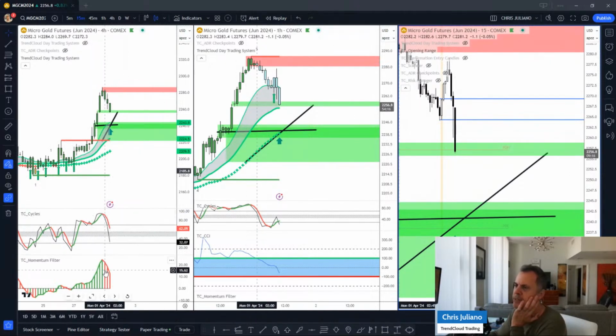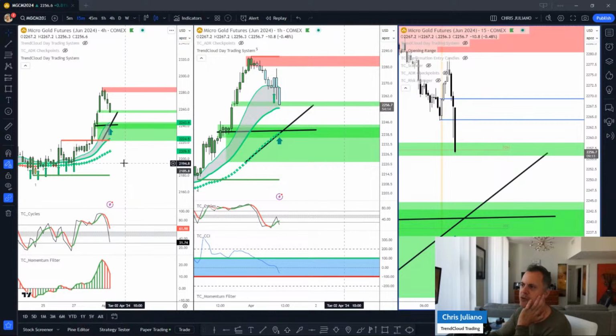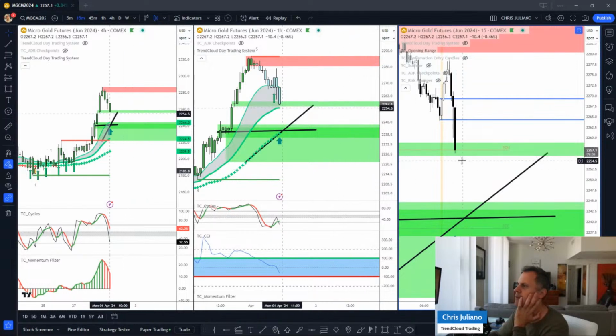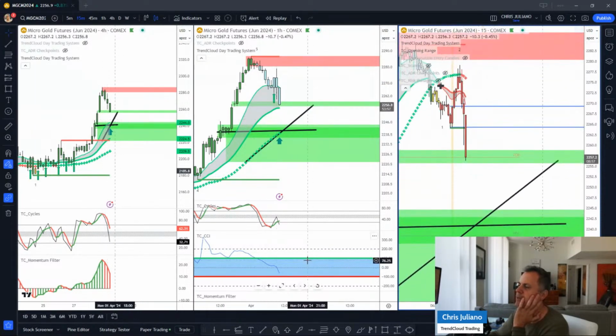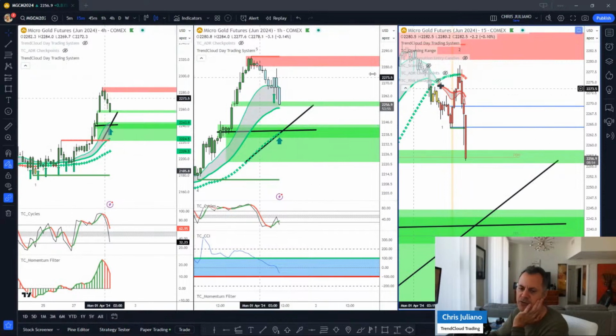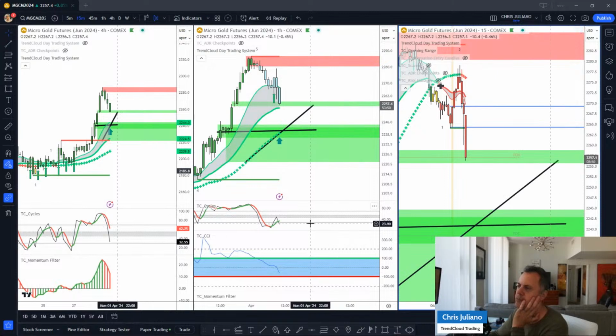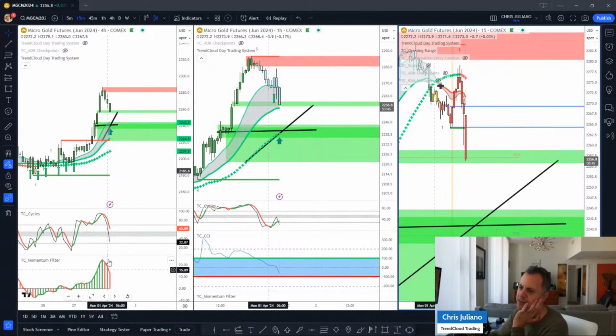Cycling down, momentum down on that high time frame. Couple of things against you, couple of things with you. We like it when everything is with us. This could be very short-lived, right? Because we don't have that high time frame momentum.